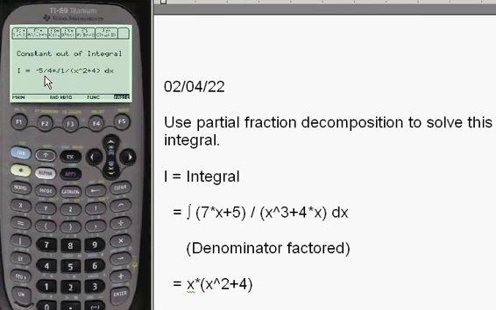I show you that. So we bring the constant out, and then we have u equals x squared plus 4, and du is equal to 2x dx. The x and dx are in the numerator, so we've been able to eliminate that and change it to du over 2.